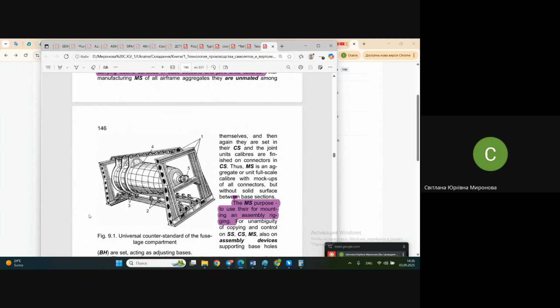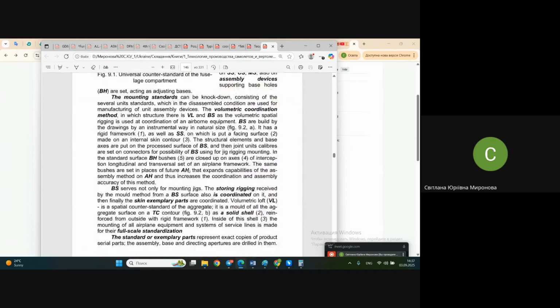And this tooling for copying the surface standard is very similar to the tooling called assembly jig. It's similar, but sometimes more accurate. In arrangement it's rather similar, but sometimes more accurate. Next, how do we pass, by the word, from one to another? By molding, by using methods similar to casting.